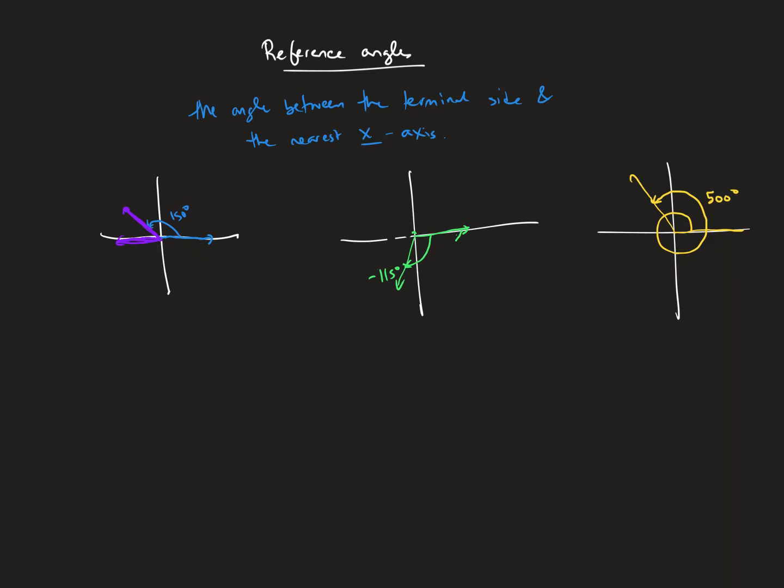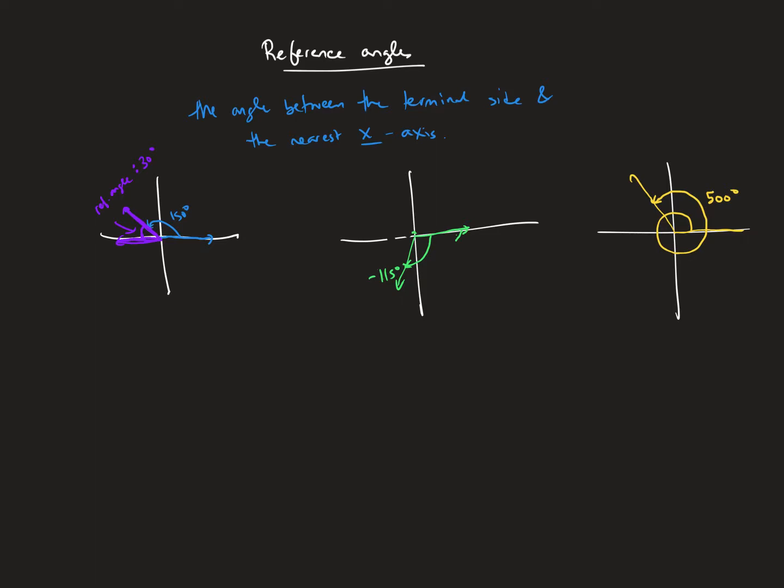The reference angle is this angle right here. If you look at this whole angle, my original angle, the 150, and my reference angle together make a 180-degree angle. So my reference angle in this case is going to be a 30-degree angle.